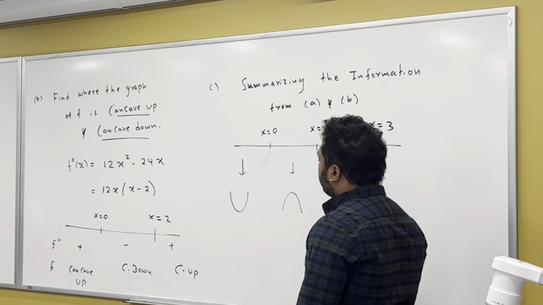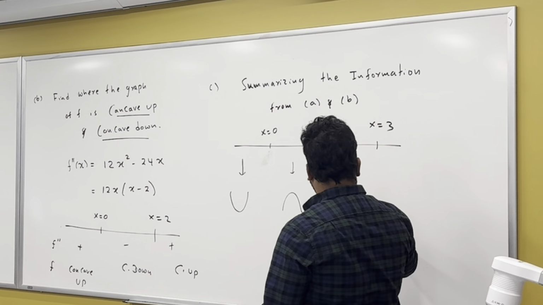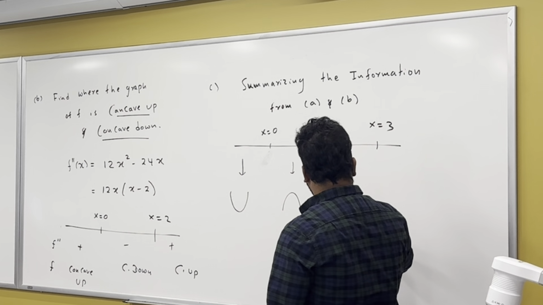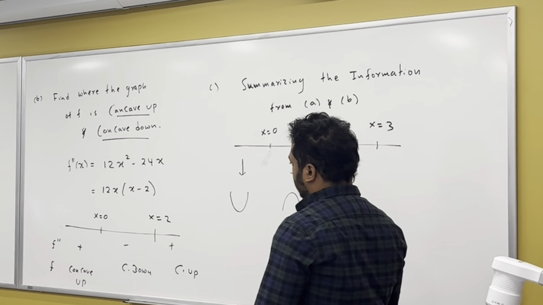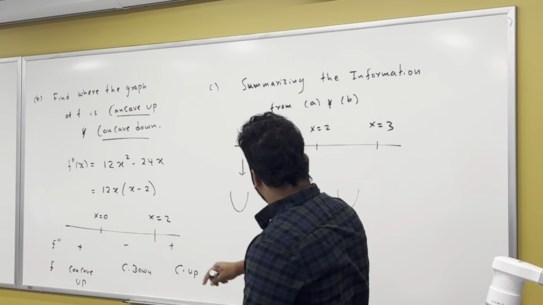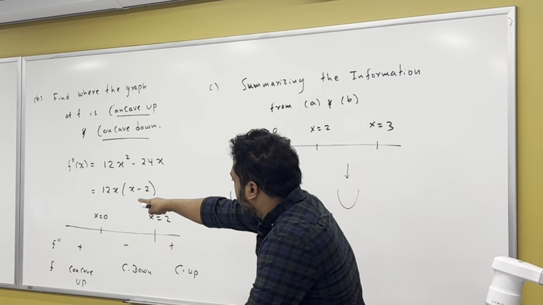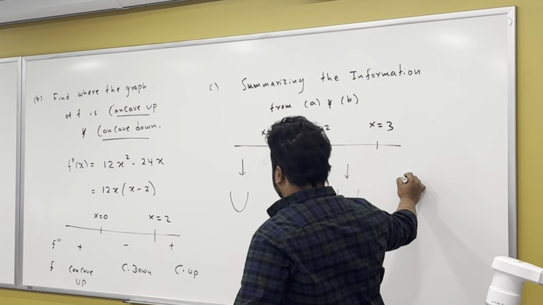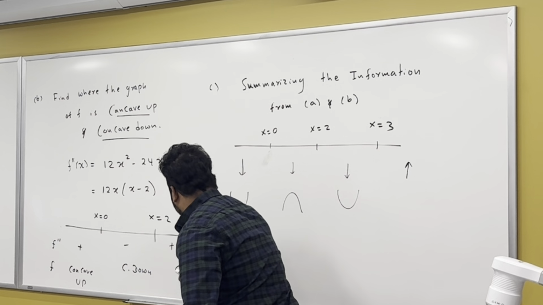In between 2 and 3, concave up. Okay, concave up. 2 and 3 is still decreasing. Greater than 3, increasing. And greater than 3, still concave up.